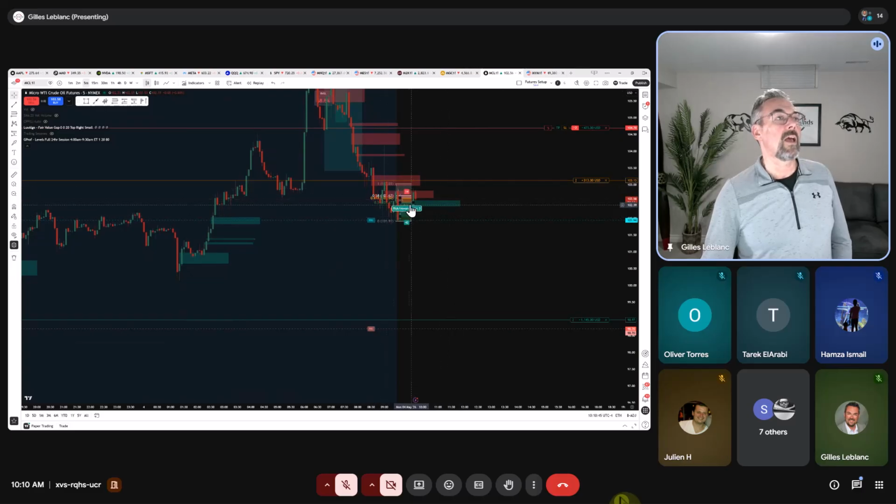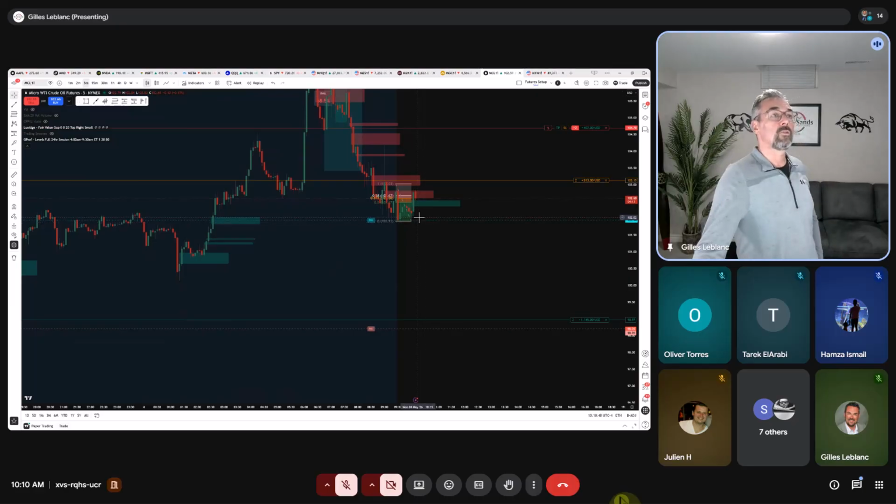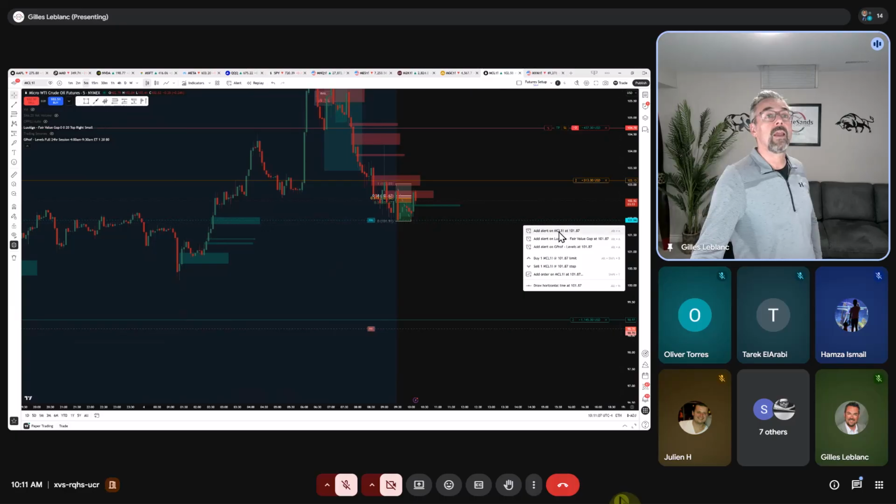It didn't print as a trendy kangaroo like this one. That's what I was hoping to see. It was a big wick up and then a rejection. And then I probably would have added to the position if it made it below PDC here. But I still plan on adding if it makes it below PDC. My alert already went off, but I'll set it again.